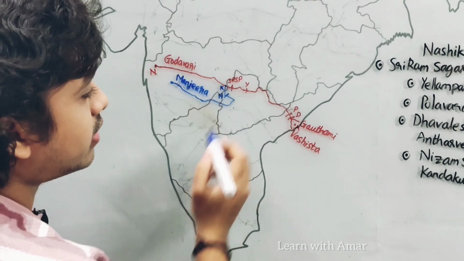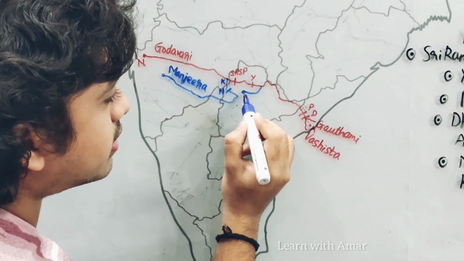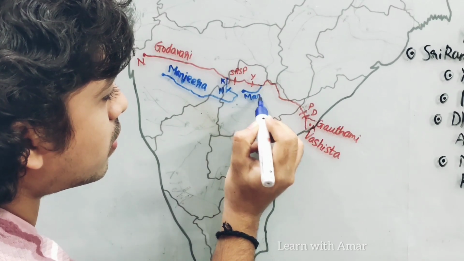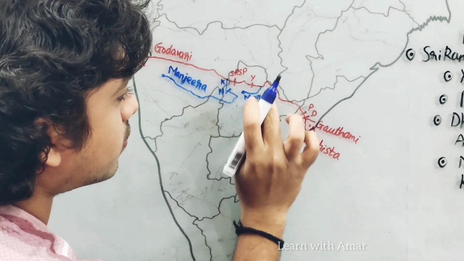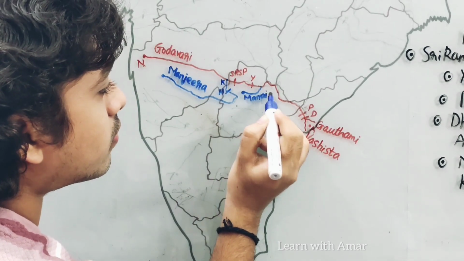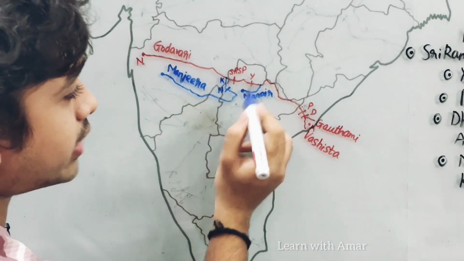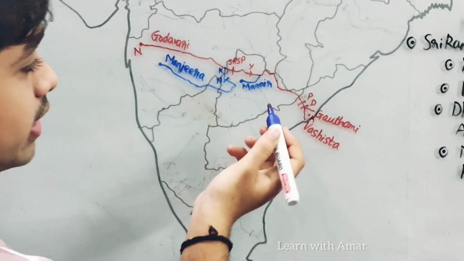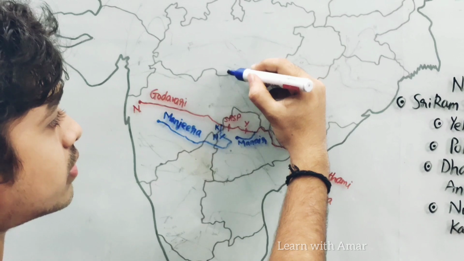Then we have Maneru. It flows only in Telangana and joins the Godavari. Then when we come to the left bank tributaries, we find these.